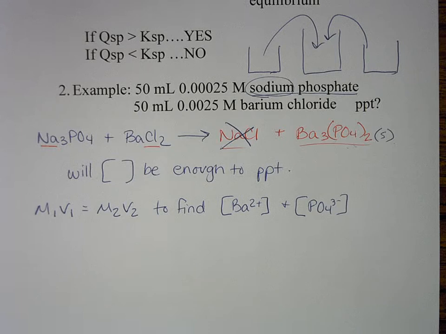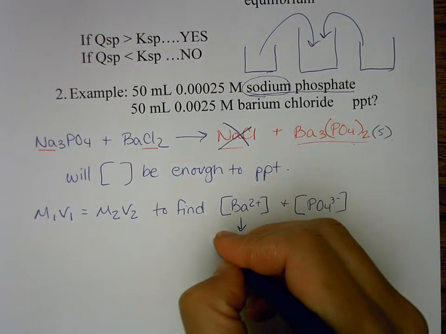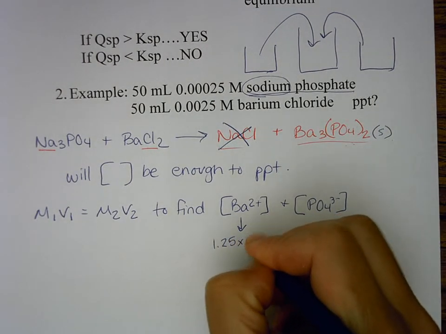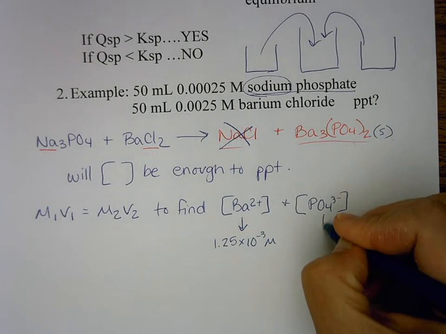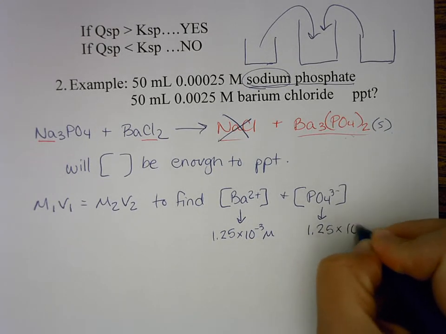So total my V2 is 100. So I have to figure out what the new molar concentration of each one of those ions would be. And then when you do that, you get for barium 1.25 times 10 to the negative 3. And for phosphate, you get 1.25 times 10 to the negative 4.